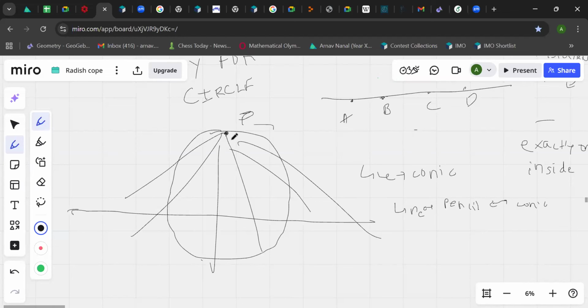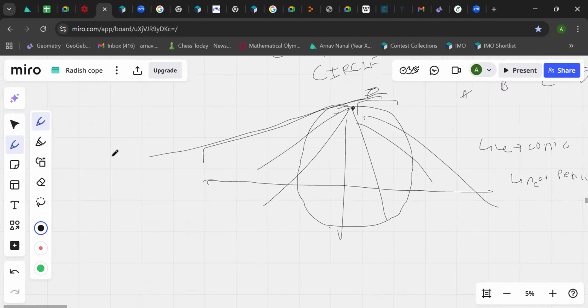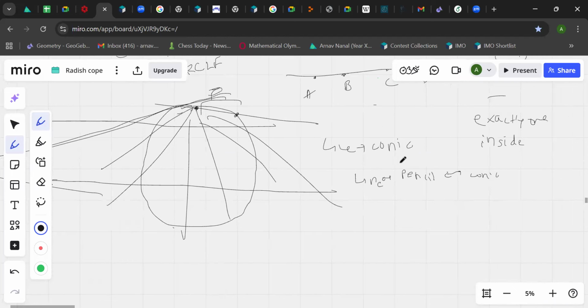You will have some tangent line, and this parallel line for infinity, which will intersect the circle somewhere else. There is this intermediate step. We will usually skip it most of the time, but you just need to be careful that there is this intermediate step of taking a pencil. So basically, it's line to a pencil and then to a conic.